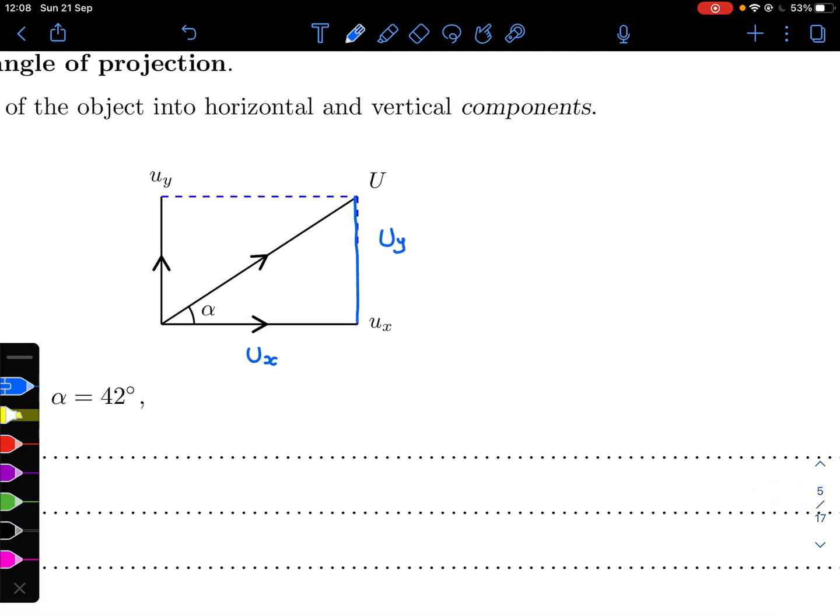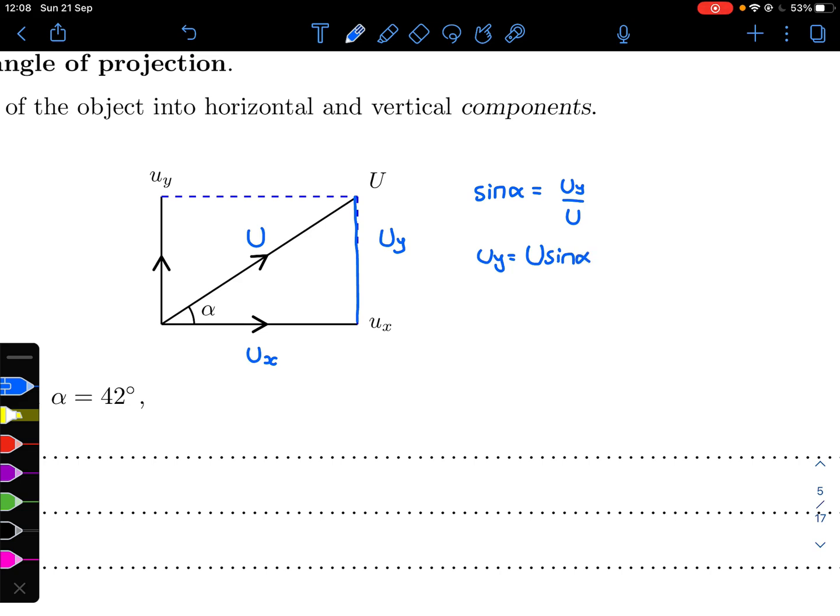Then, going back to basic trig, we know that sine alpha is equal to the opposite over the hypotenuse. So the opposite to the alpha is the uy. The hypotenuse is capital U. So we get uy equals u sine alpha.